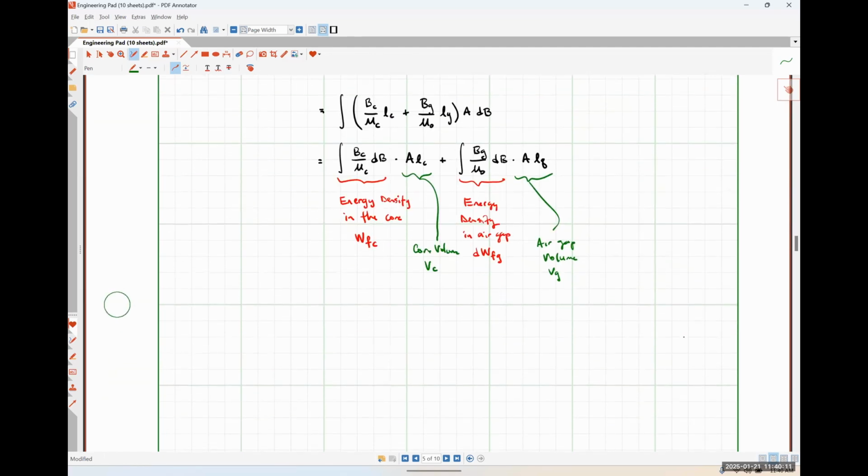Now, I'm integrating B with respect to B. How familiar are you with integrals? What's that? There shouldn't be a D here. Thank you for that. It's no longer a differential thing after we integrate it.